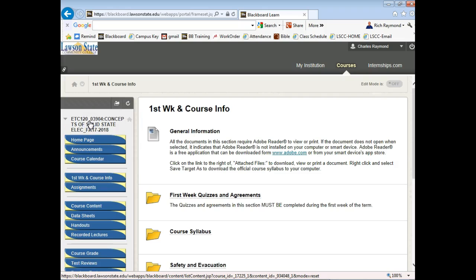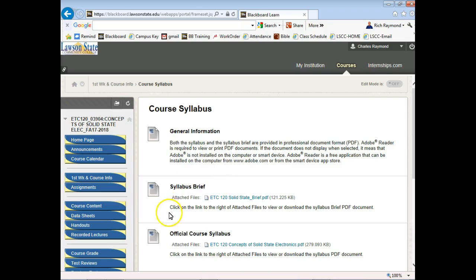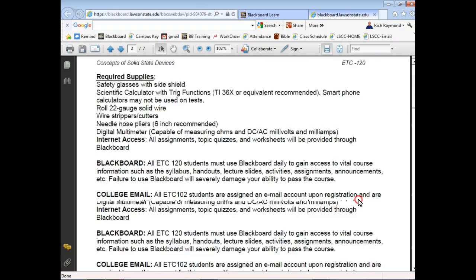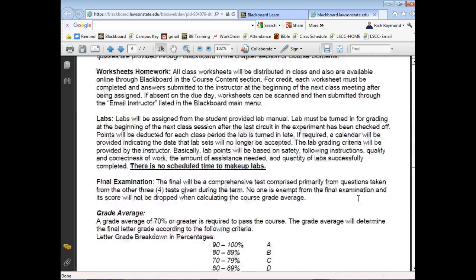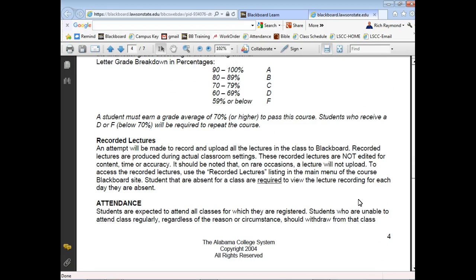First week quizzes and course information, course syllabus. This talks about recorded lectures. These are made in actual classroom settings, and it's still a technology, right?